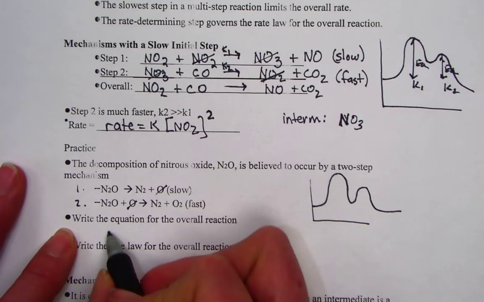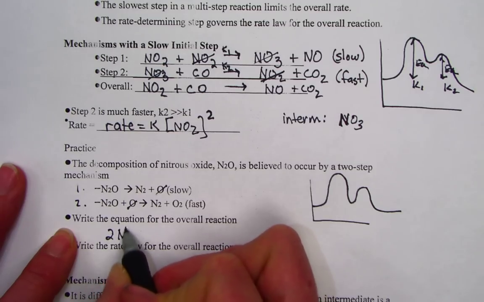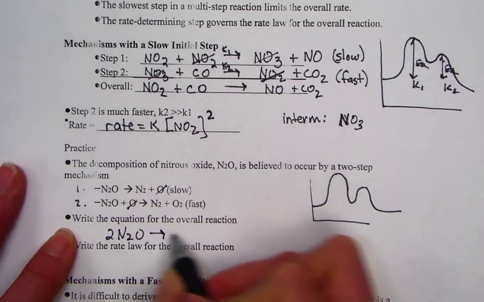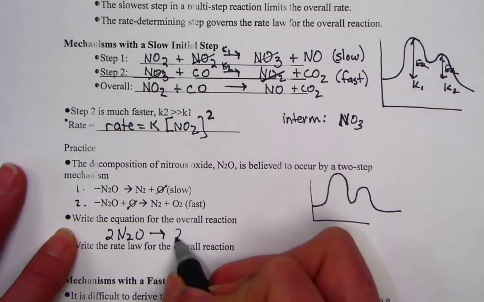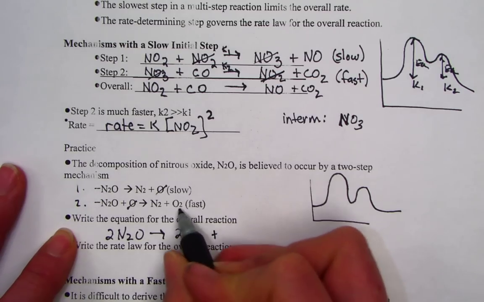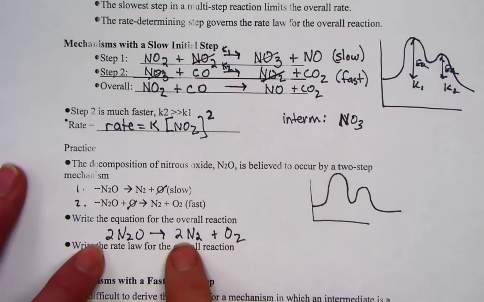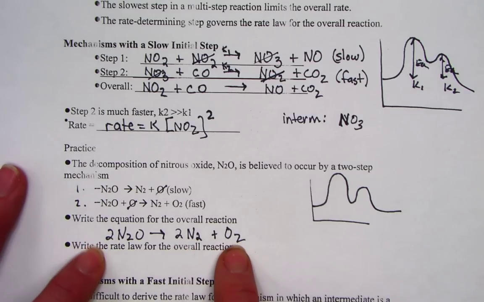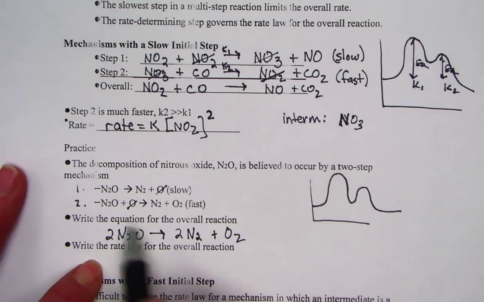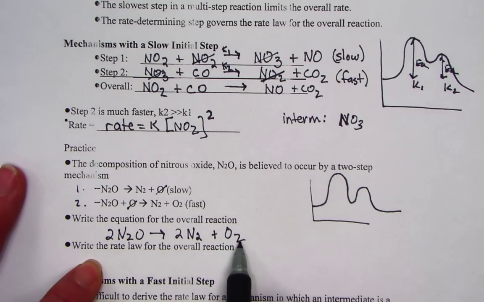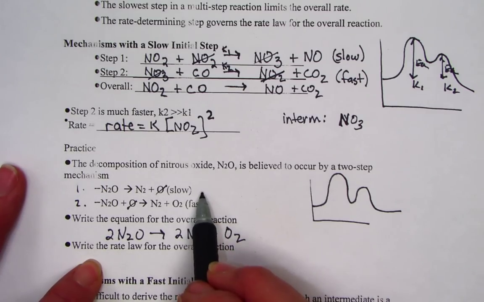On the left, I have two molecules of N2O forming two molecules of nitrogen and a single oxygen molecule. Two N2O produces two N2 plus an O2. The overall rate law for the equation we just wrote comes from the slowest step.